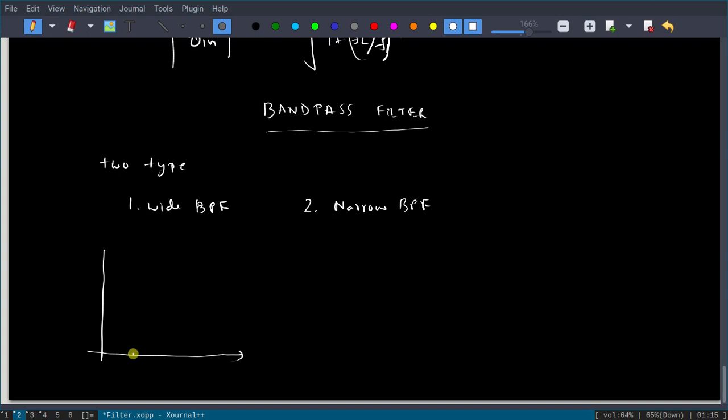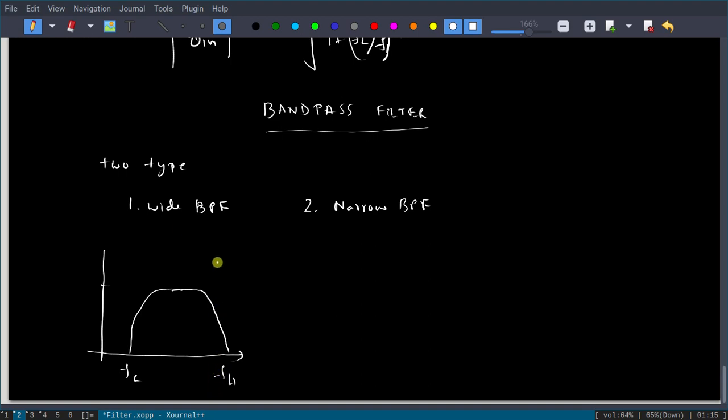Usual response will be, there are two frequencies FL and FH, and the frequencies within FL and FH are allowed, and the frequencies outside this range are attenuated.